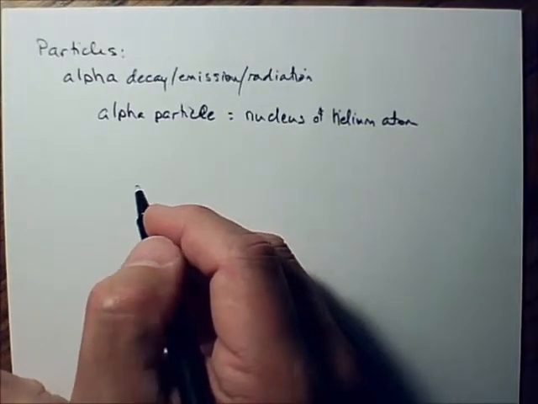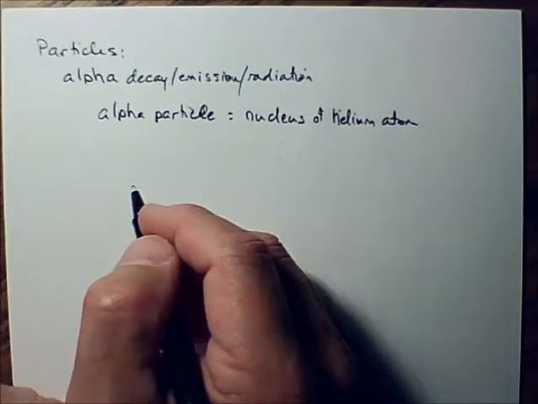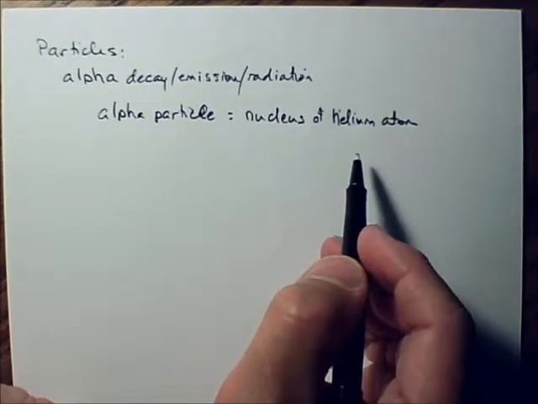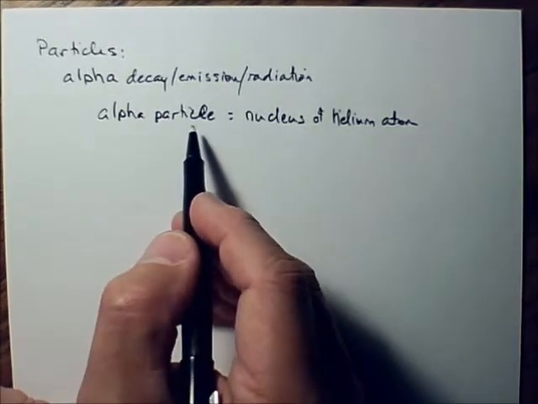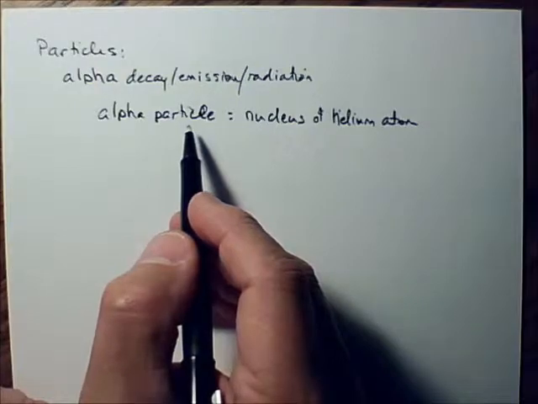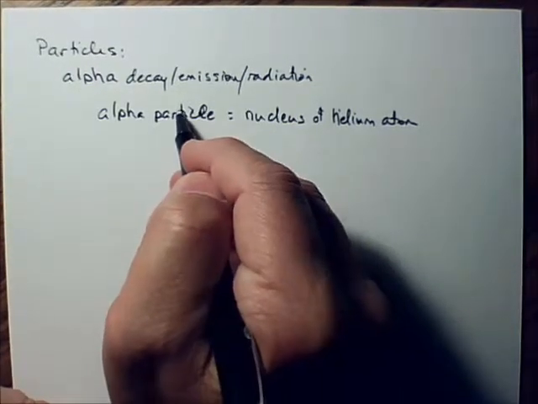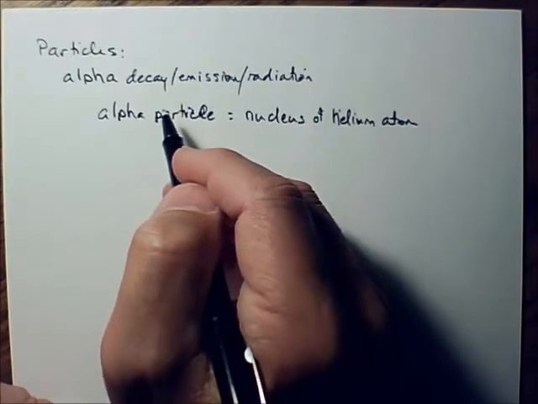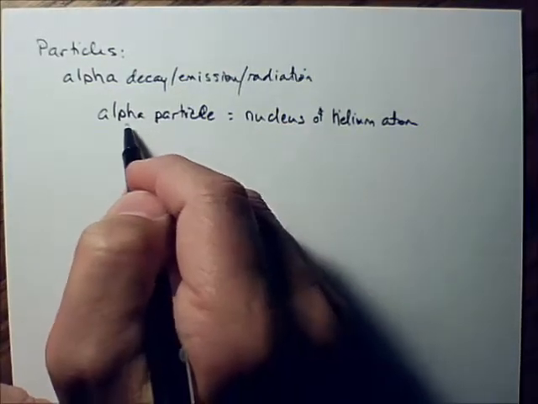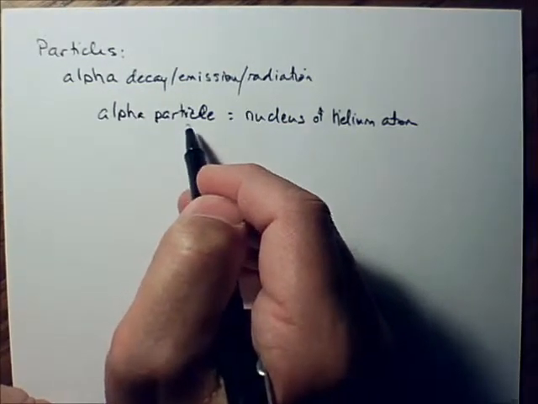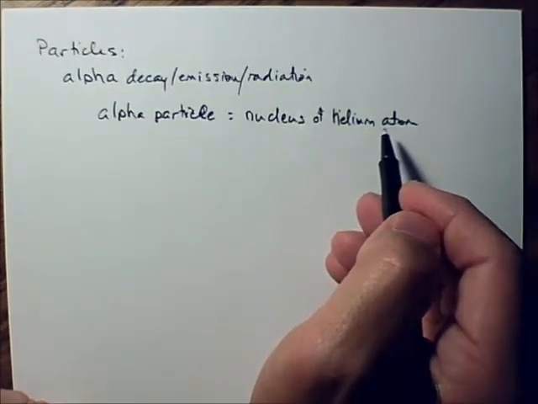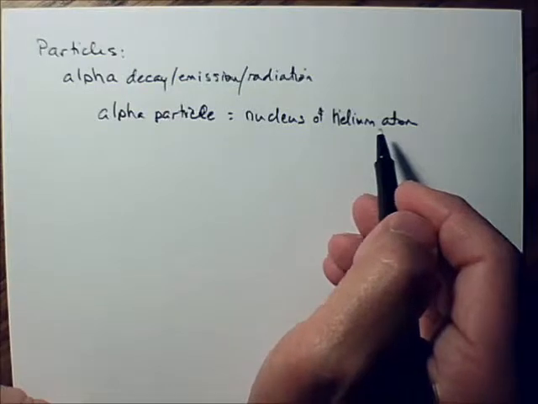Not the whole atom, but the structure of the nucleus. The difference is helium atoms don't come out of the nucleus. Alpha particles do. So where it comes from is important. If it comes out of the nucleus, it's an alpha particle. If it's a standalone atom with the same structure but having electrons too, then it's a helium atom. Different things.